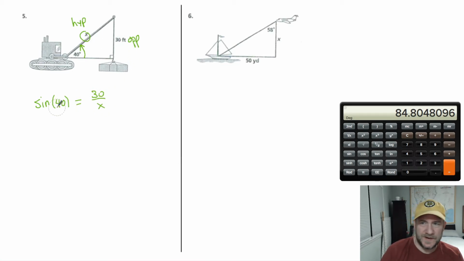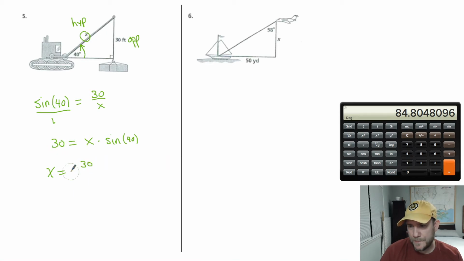So now we have that slightly different kind of question where with x in the denominator, when we multiply, we don't get the final answer. We get x times the sine 40. And we still have to do one more step. We have to divide both sides by sine 40. So we land on x being equal to 30 divided by sine 40.